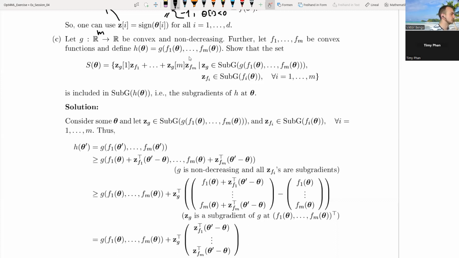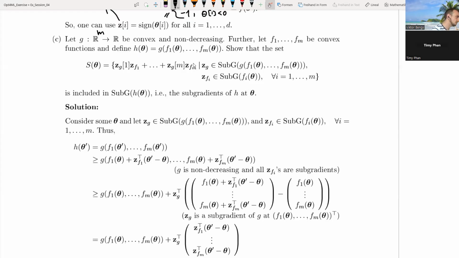So we have a composition of functions here. And what we want to look at now is the case where we want to compute the subgradients of this composite function, and we can at least compute or specify a subset of subgradients for that function.